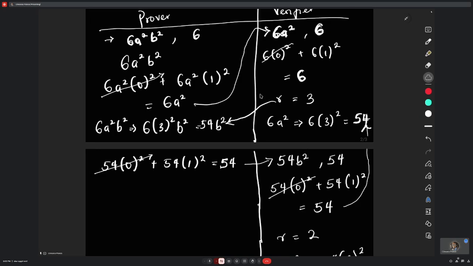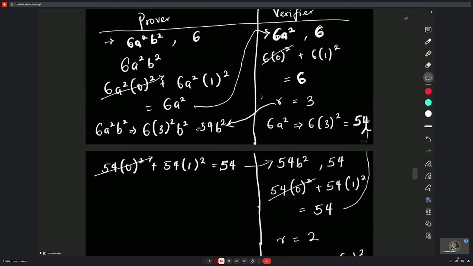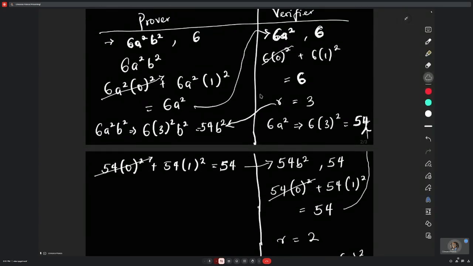The difference between this one now and the previous one is that in the previous one, all the univariate polynomials that the prover sends to the verifier have degree 1. But currently we are sending a univariate polynomial with degree 2. That's where the difference is in the coefficient form. So in the evaluation form, we are going to represent this degree 2 polynomial as 3 evaluation points.